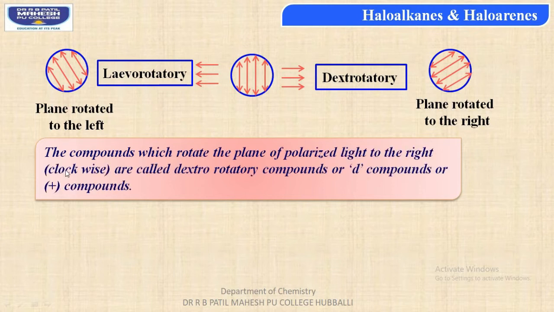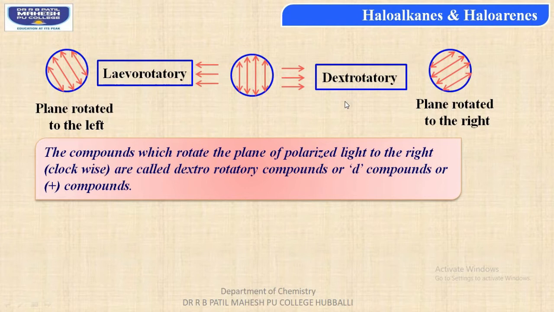Thus, the compounds which rotate the plane polarized light towards the right side, that is the clockwise direction, are said to be dextrorotatory, and can be written as D compounds or dextrorotatory compounds.